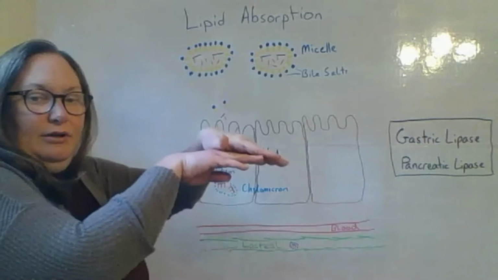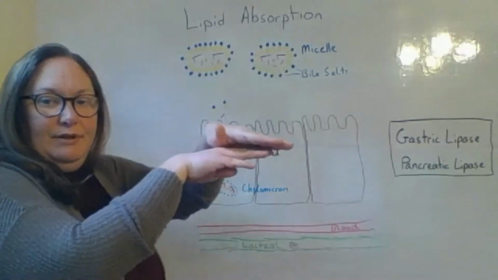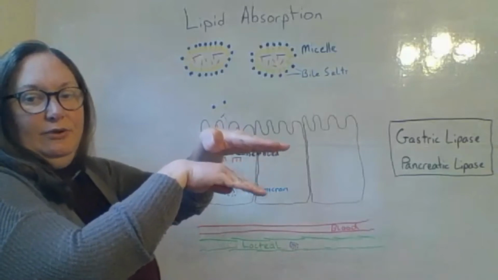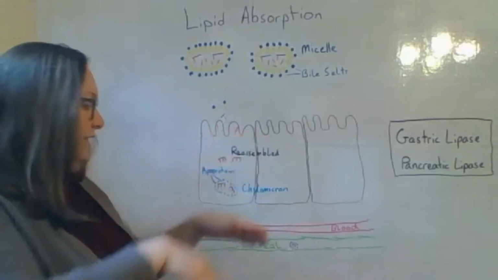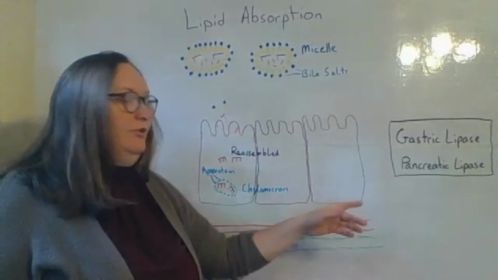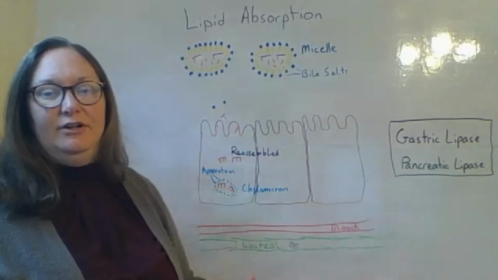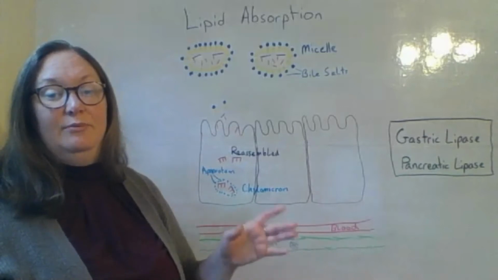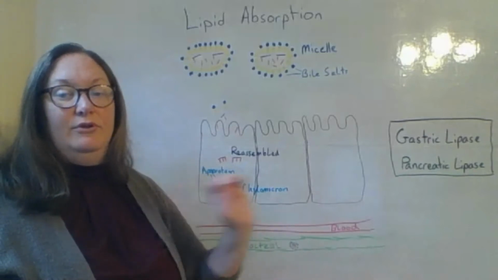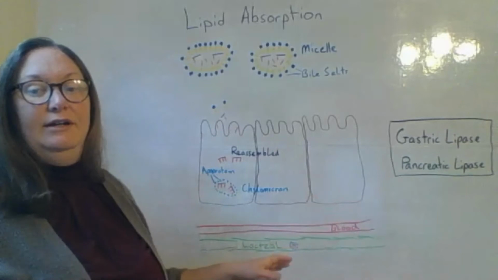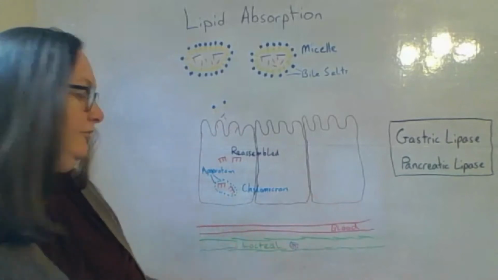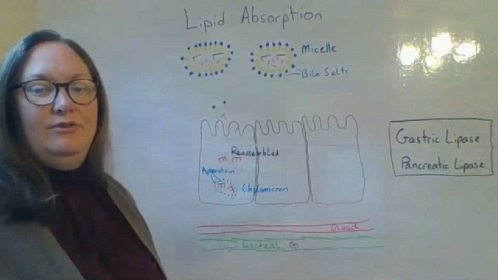But remember the mini valves that can open in the lacteal? So it gets into the lacteal and is returned to the blood at the thoracic duct, which is different than carbohydrates and proteins, which go to the liver first. This does eventually make its way there, but first getting into the thoracic duct.